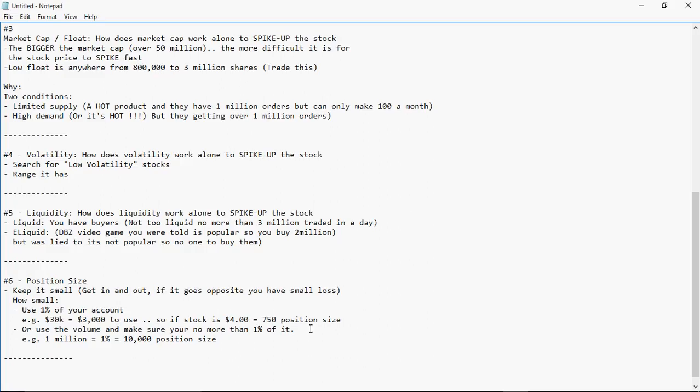Okay. This is another thing. You want to keep your position size small because it's easy to get in and out. Let me explain what I mean. If you just buy 500,000 shares in one order, it's going to be difficult to get somebody to want to buy all of that.